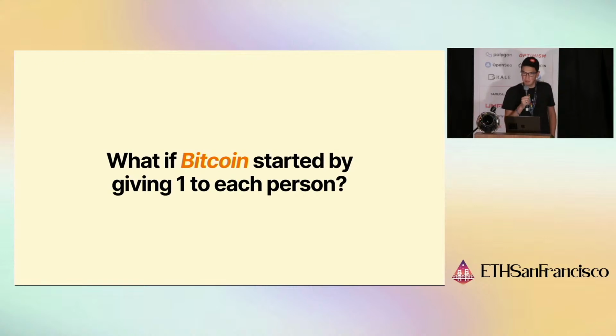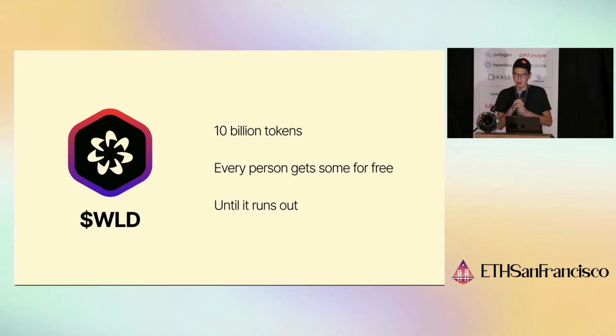So we started with this premise: what would have happened if Bitcoin started by giving one coin to each person? Of course, this is no longer possible with Bitcoin, but we thought it would be possible with a new token. That's why we created the Worldcoin token, with a limited supply of 10 billion tokens, where every person gets a share of this new token for free, just for being a person, until supply runs out.